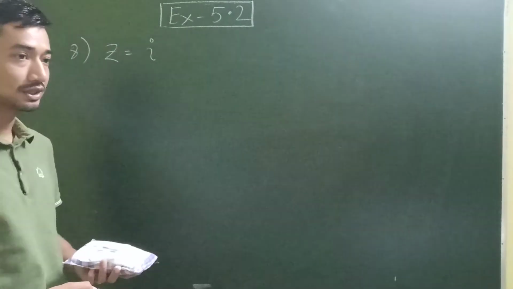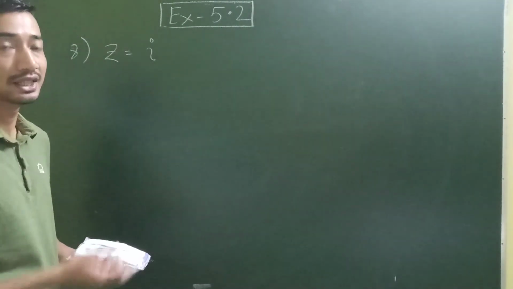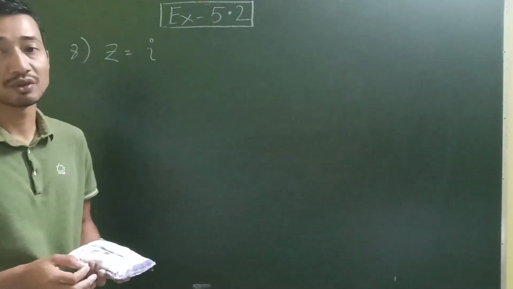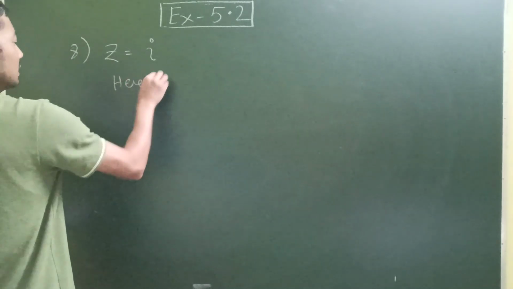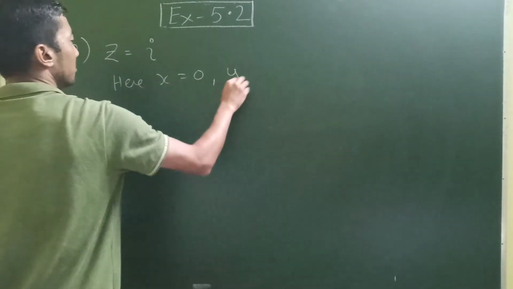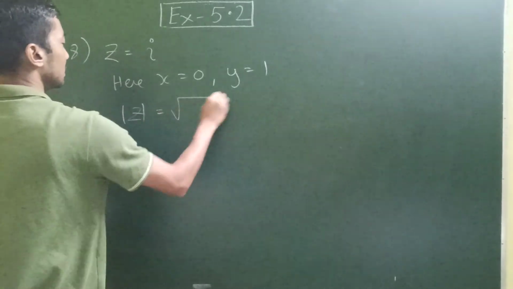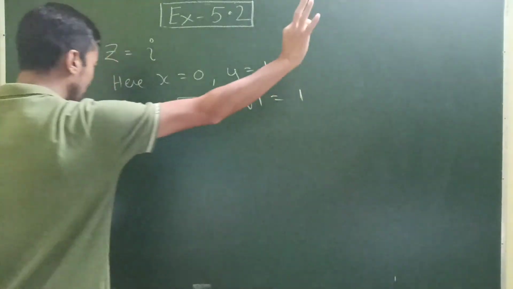Now, going back to this question, z equal to i. If you see this, this is a purely imaginary number. There is no real part involved here. So here the real part is 0, the imaginary part is 1. We will have to find its magnitude, that is 0 square plus 1 square, which is going to be 1.